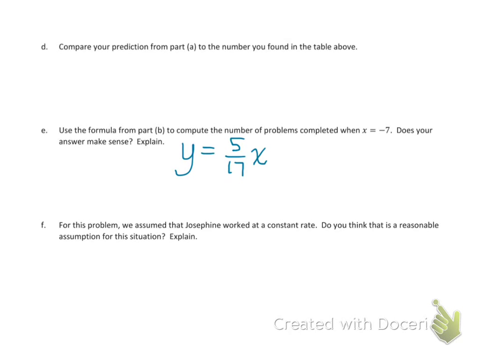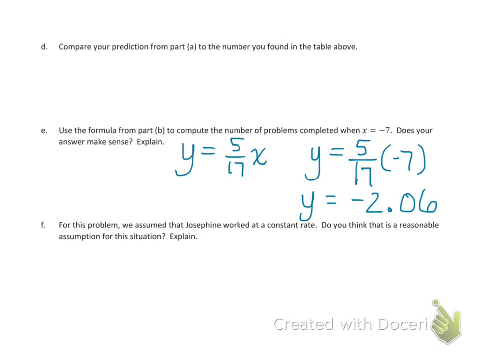So if x is -7, I would have y is equal to 5/17 times -7, and that would be y, using a calculator, I'd get y equals -2.06. And then we're asked, does your answer make sense? And explain.